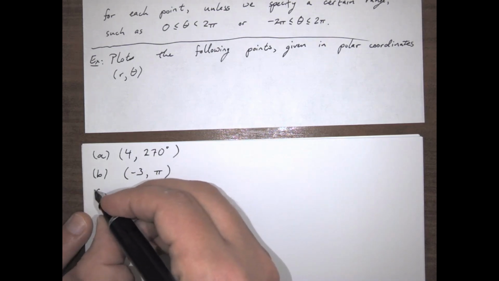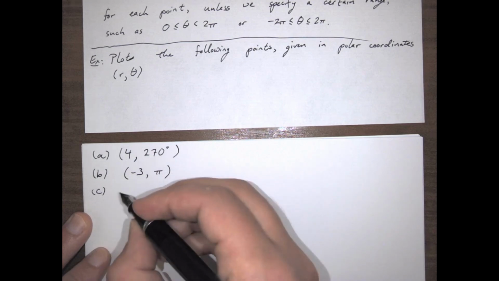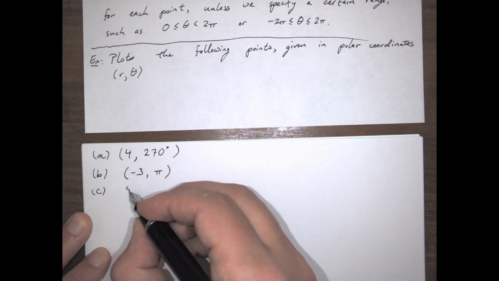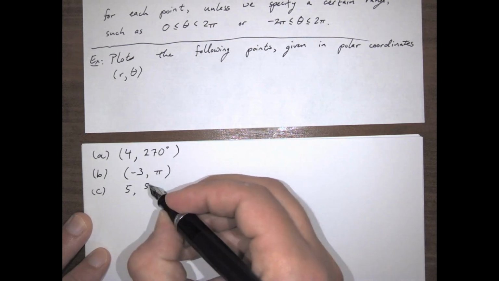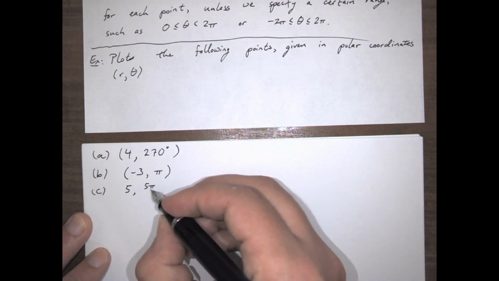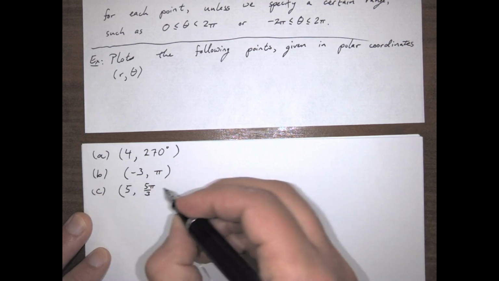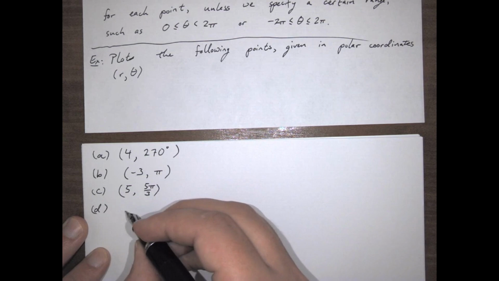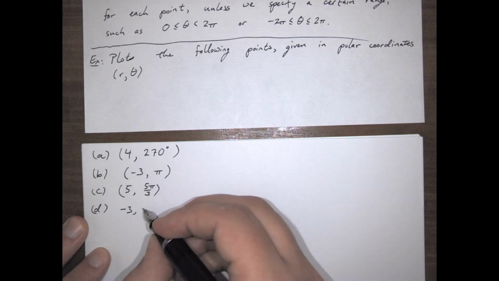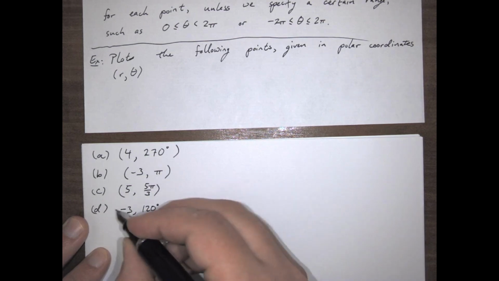And then for a third one, let's say 5, comma 5 pi over 3. And for a fourth one, let's say -3, 120 degrees.